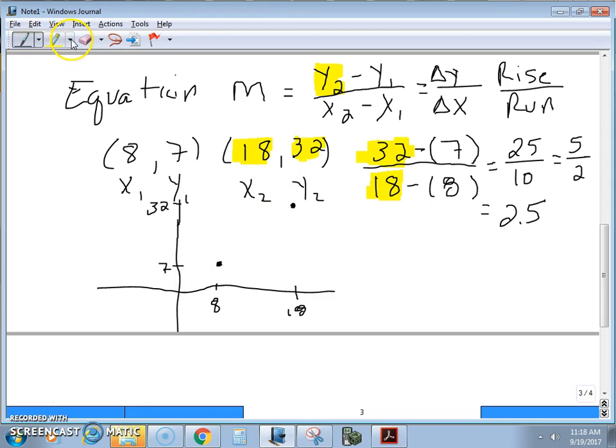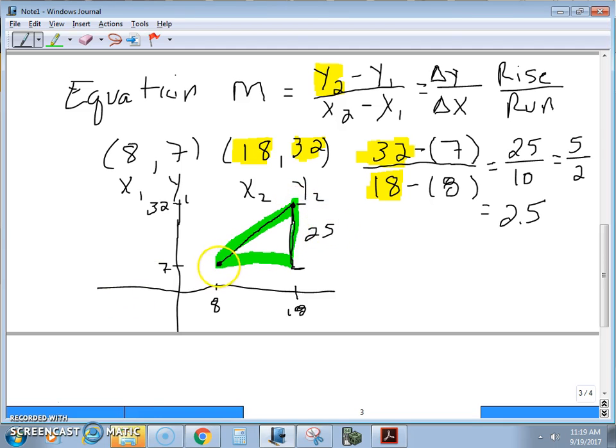So how we view slope in a graph, if this is our line from this point to this point, our rise is right here. This is our rise. To get from 7 to 32, we have to go up 25.